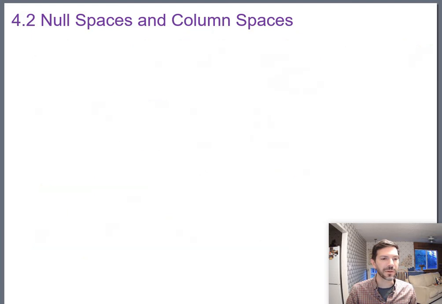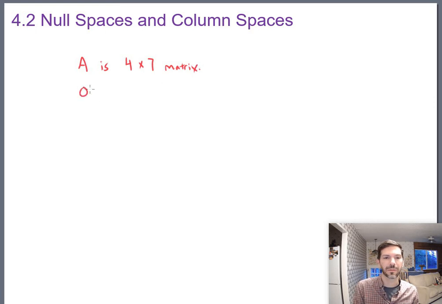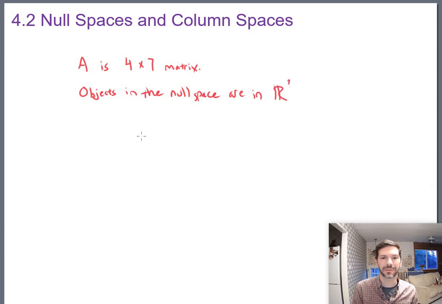So just a question for you. Suppose I've got A is a 4 by 7 matrix. So objects in the null space are in R what?